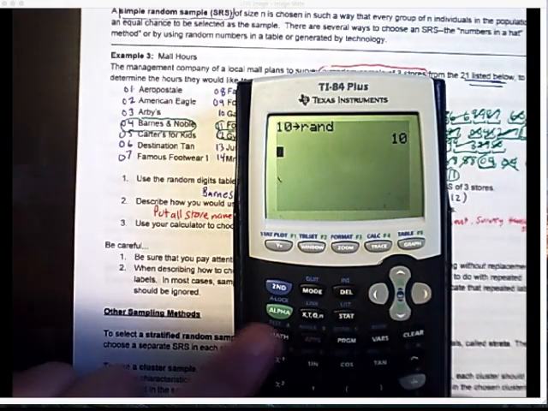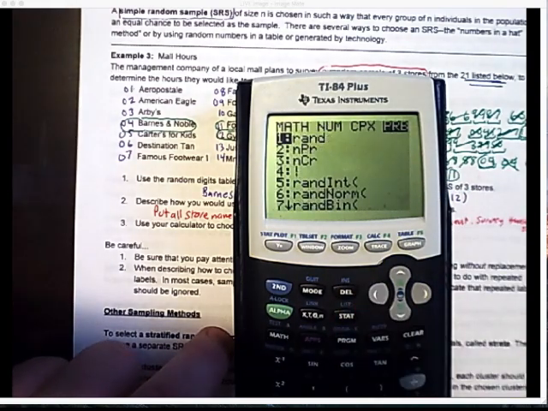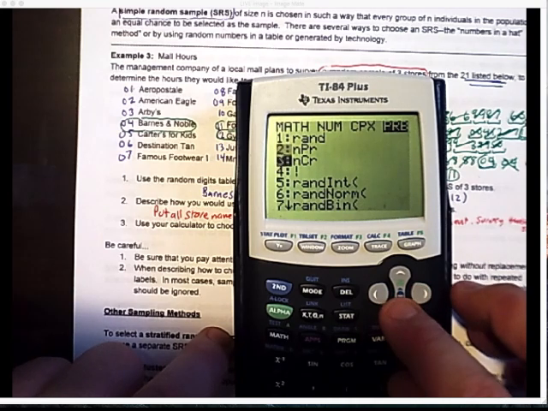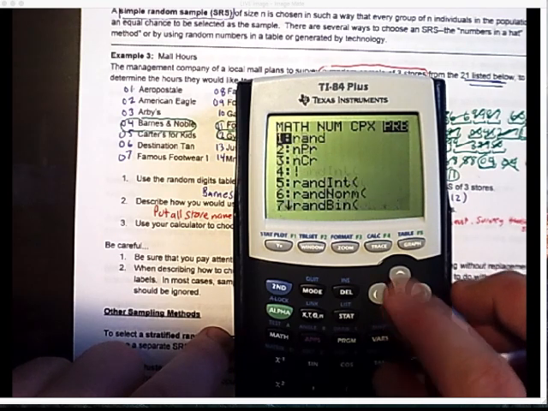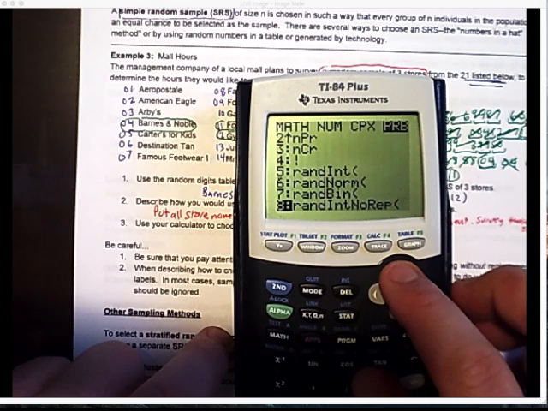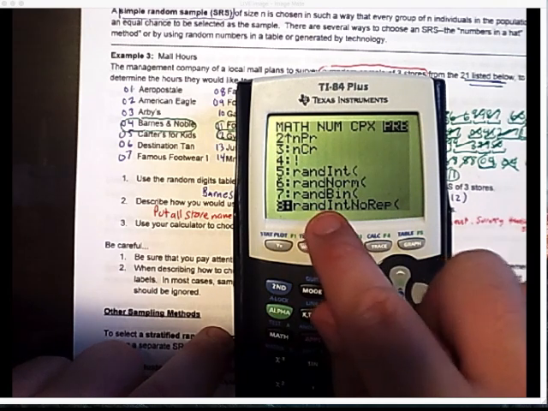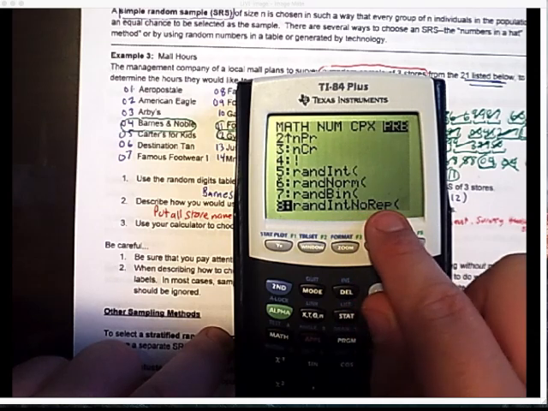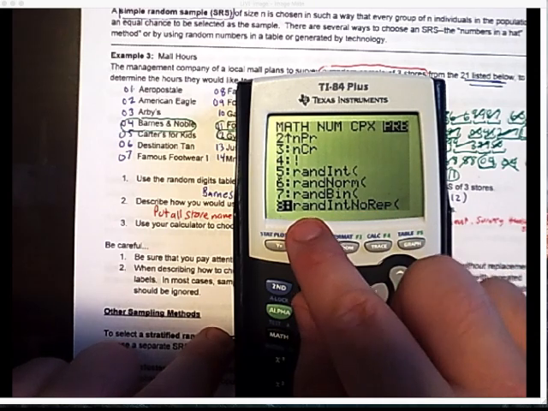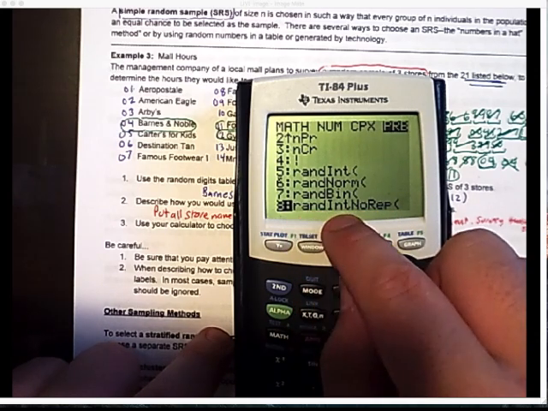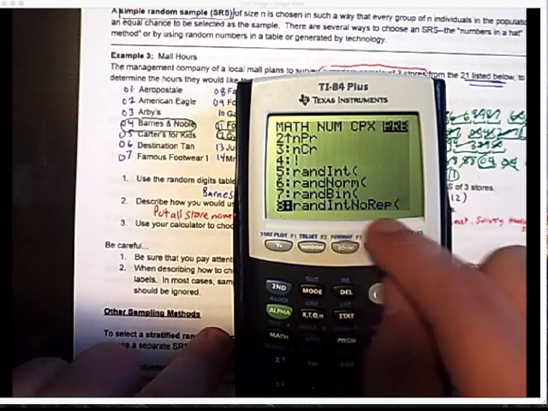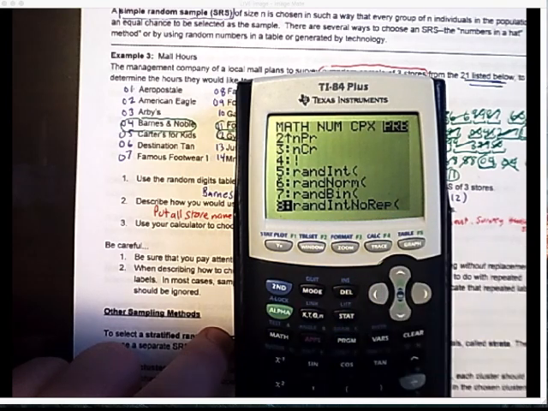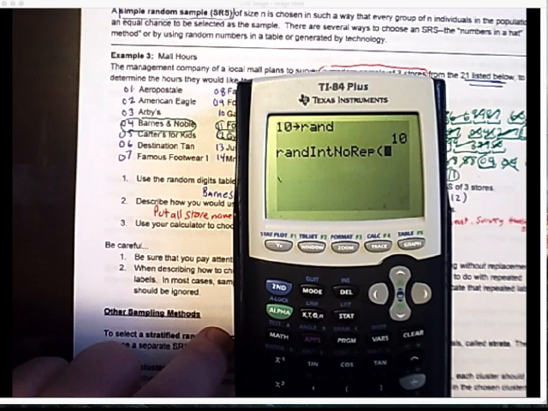And now you go math, go back over to probability, and scroll down until you see the option that says rand int no rep. What this stands for, I'm telling my calculator, choose a random integer with no repeats. Okay, random integer, no repeats.